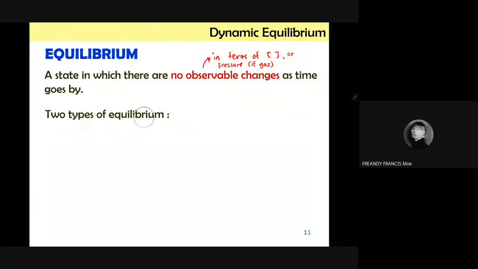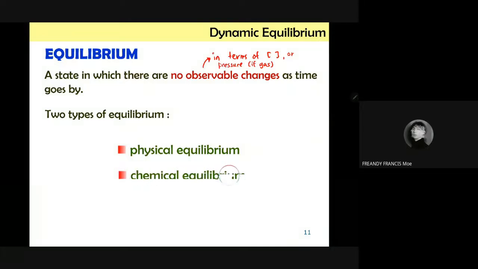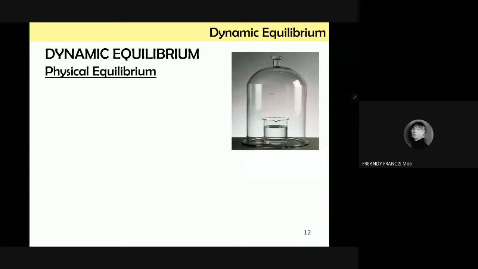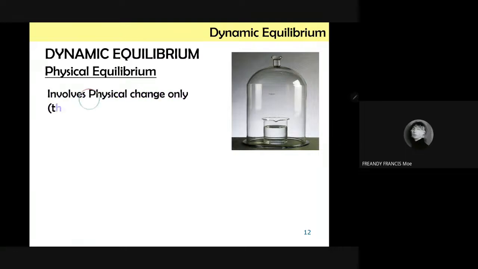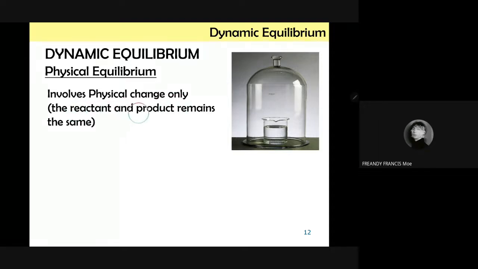Dan ada dua jenis equilibrium yang kita akan fokus on. The first one is physical equilibrium and the second one is chemical equilibrium. Okay. So, kita tengok physical equilibrium. Physical equilibrium ini dia melibatkan physical change only. Maksudnya reactant dan produk dia remain the same. So, species reactant dan produk tu akan tetap sama.